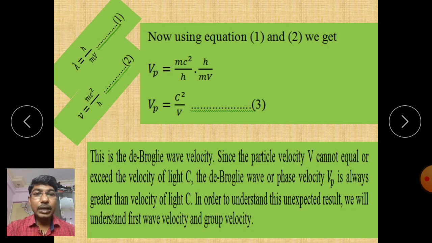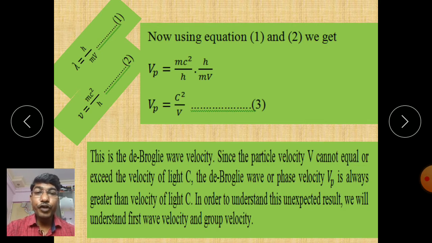How can the velocity be greater than the velocity of light? We know any particle that is moving has a velocity less than the velocity of light. The highest velocity is the velocity of light. This can be understood if you first understand wave velocity and group velocity.